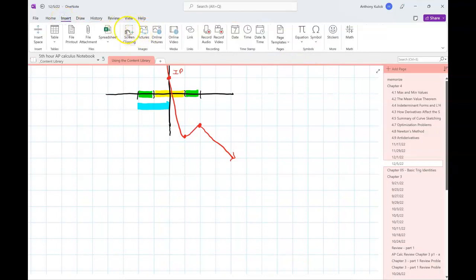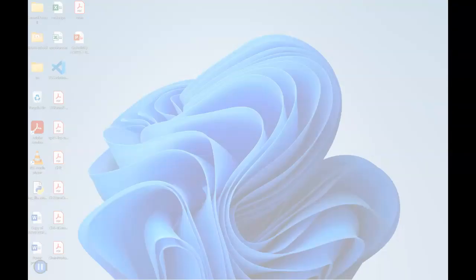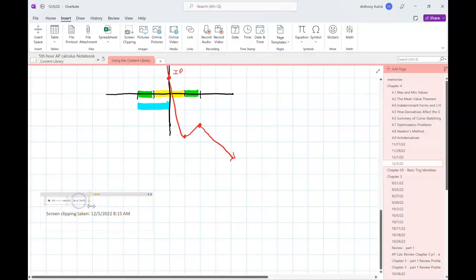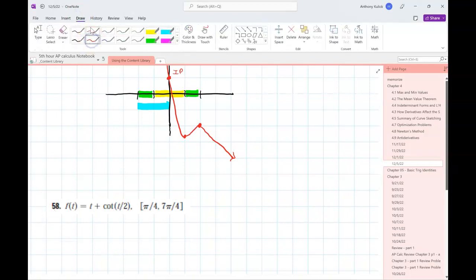And we are just looking for the absolute mins and maxes on the given interval. Okay. All right. Bless you. You're welcome.